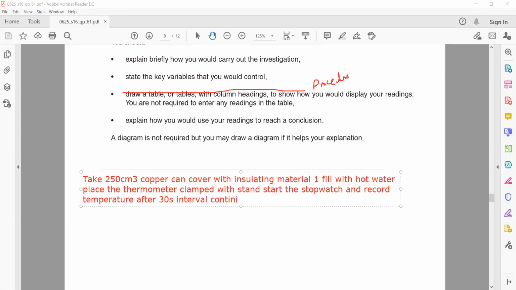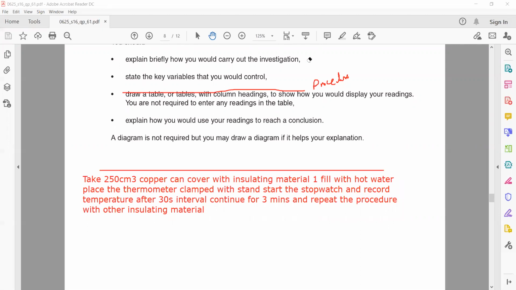Continue for 3 minutes, you can continue for 5 minutes, and repeat the procedure with other insulating materials. Is it clear, the first part, the procedure of this experiment? Any doubt?